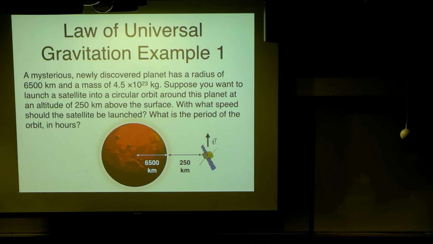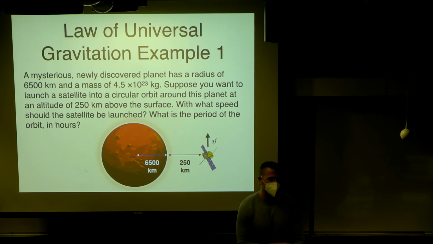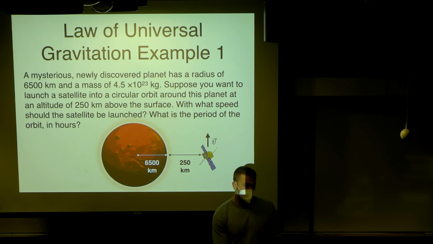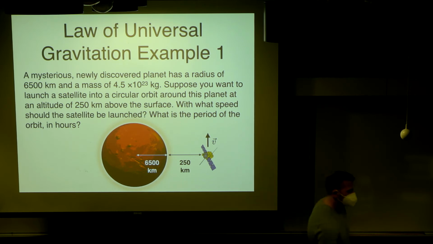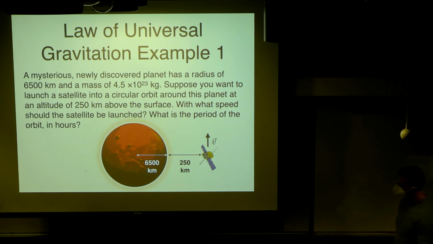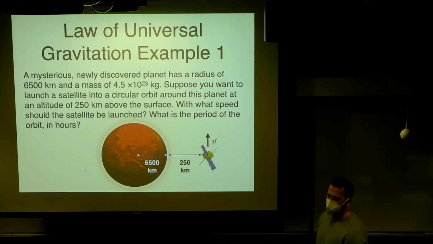Let's do an example. So in this example, we're dealing with a two-body orbit. That means we're combining what I just showed you, which is the law of universal gravitation, with circular motion. Okay? So here's the question. I think I gave basically this question on the test, right? So it's worth going through.